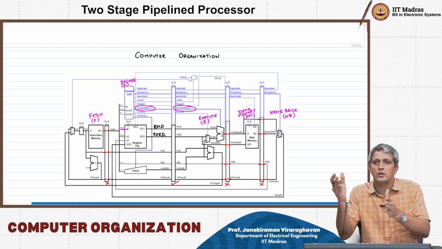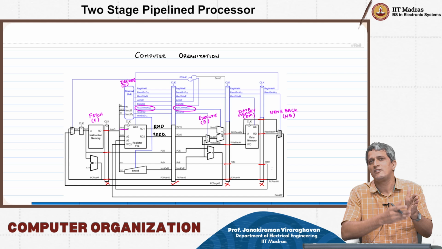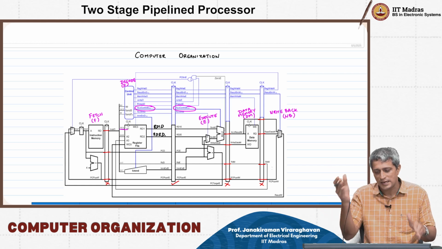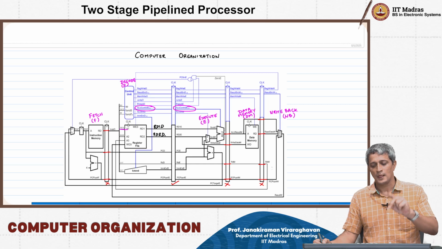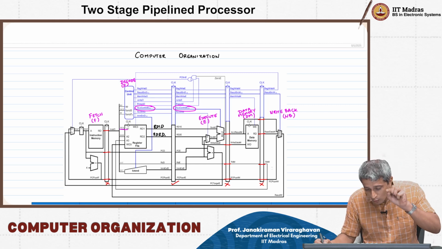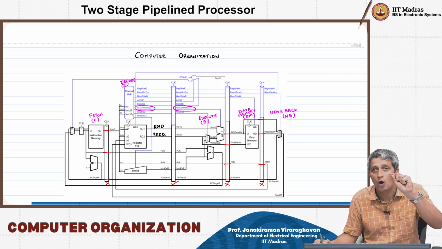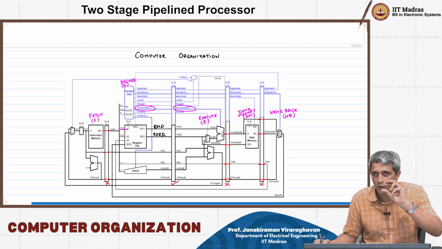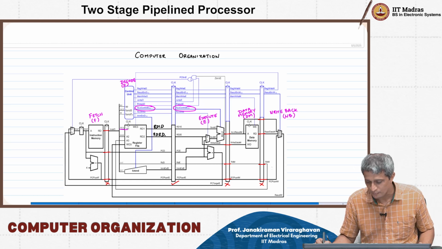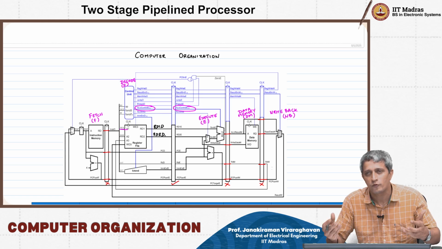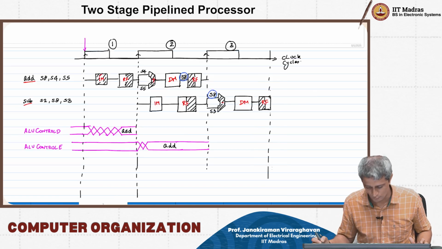Then you go through the flip-flop and register that data onto the RD1E, RD2E. Correspondingly, the ALU control also would have settled to the right value to choose the correct operation, and then you go ahead and perform that operation in the ALU, right?